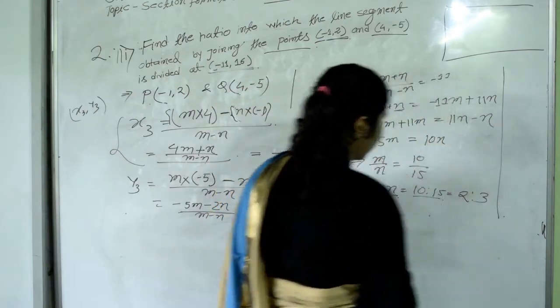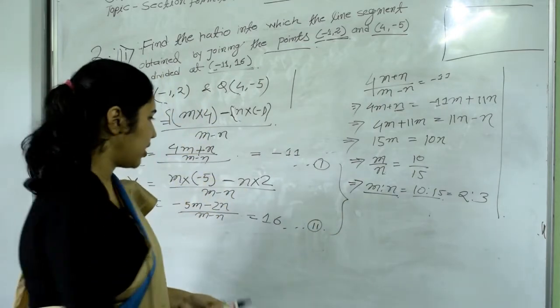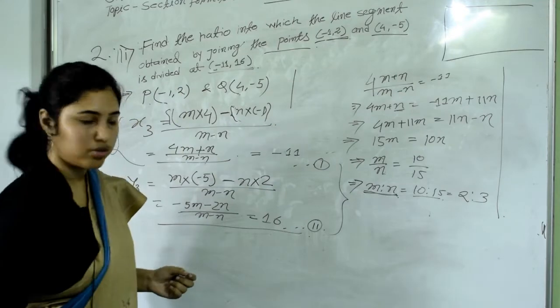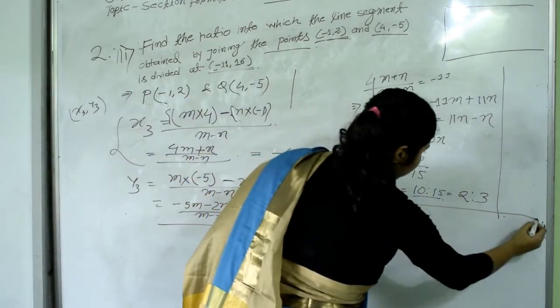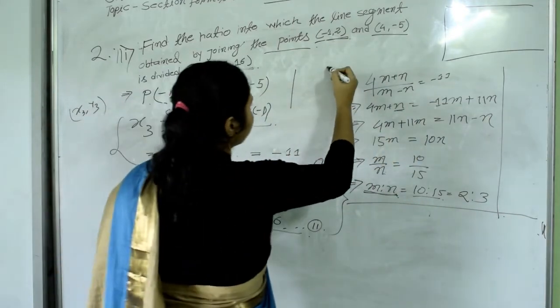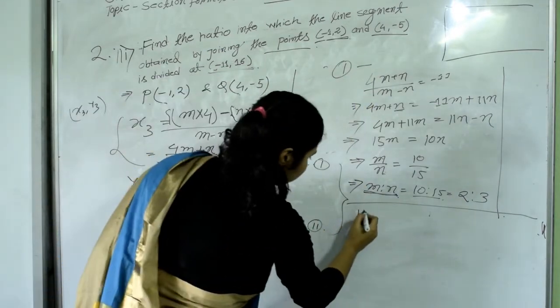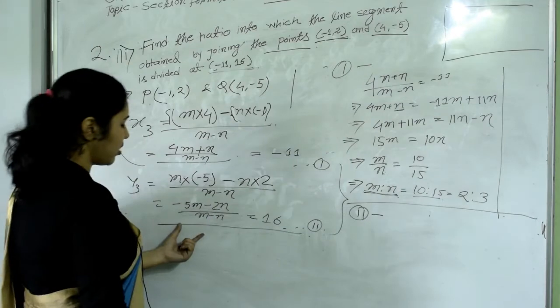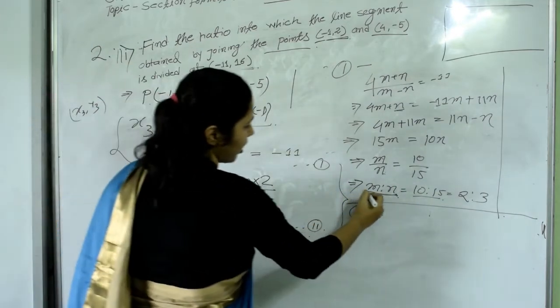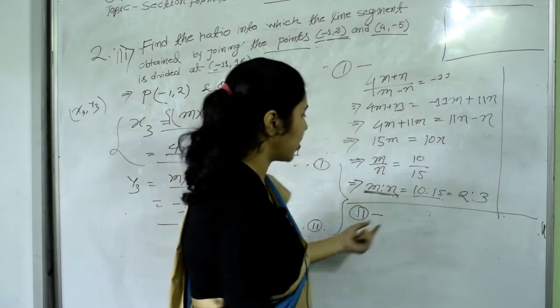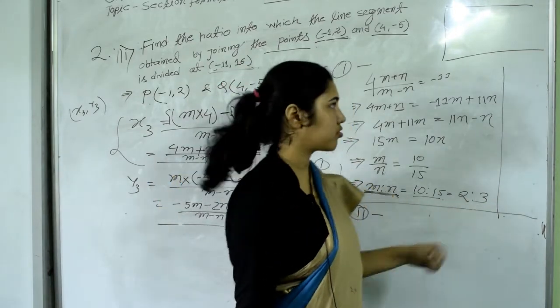Okay? You can also calculate this value m is to n from equation 2. Here we are considering equation 1, right? If we consider equation 2 and solve for m and n, again we will get the same value, m is to n equals 2 is to 3.